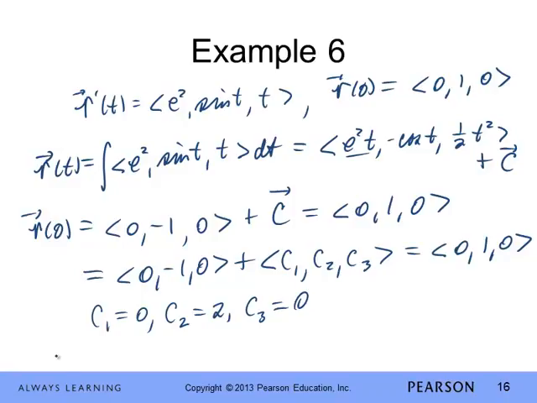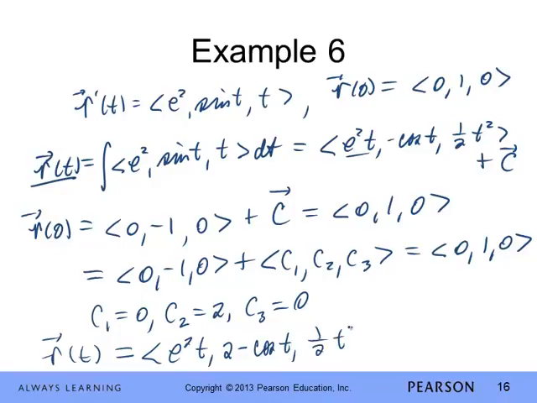So therefore, r of t is going to be equal to e squared times t, and then we have 2 plus negative cosine t for the y component. So we have 2 minus cosine t, and then 1/2 t squared. So there is the position vector that satisfies this initial condition.